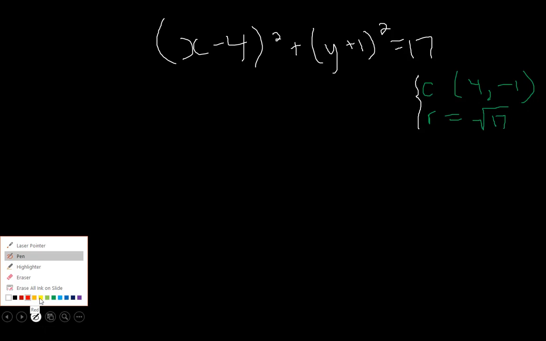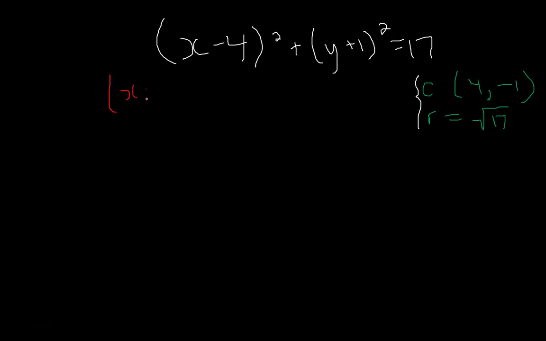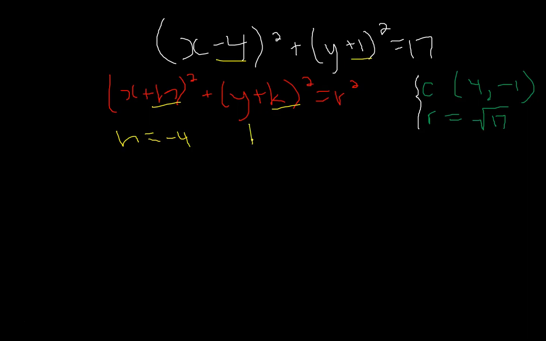All right, so let's just do this real quick. Let me just write this real quick. (x + h) squared plus (y + k) squared is equal to r squared. So that means h is equal to -4, k is equal to 1, r squared is equal to 17.